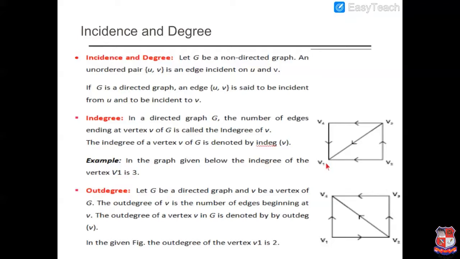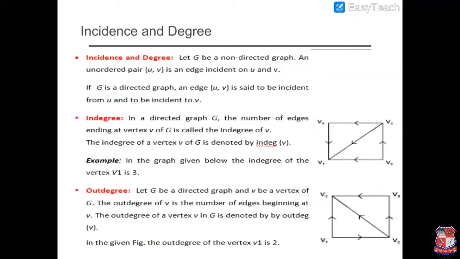Vertex v1 has in degree 3 because the number of edges ending at vertex v1 is 3. Similarly, the number of edges ending at vertex v2 is 0, therefore its in degree is 0. v3 has in degree 1, v4 has in degree 1.